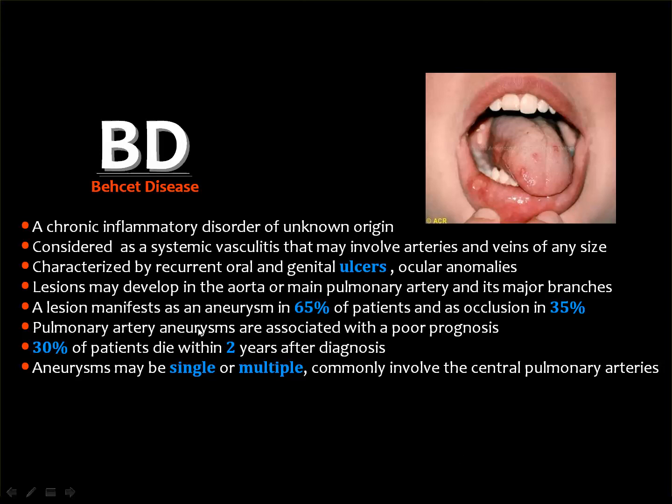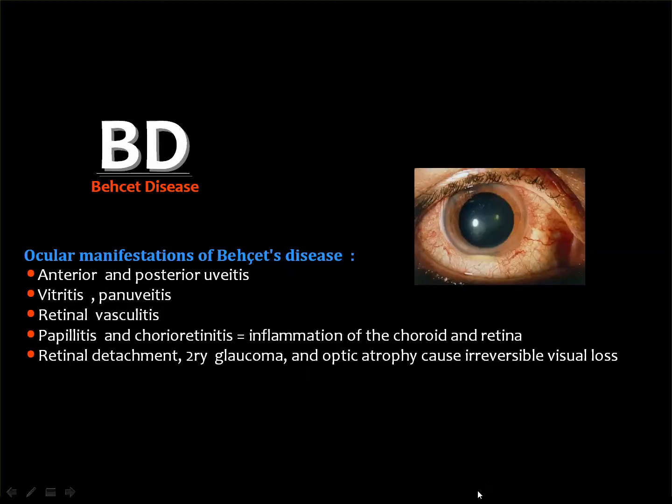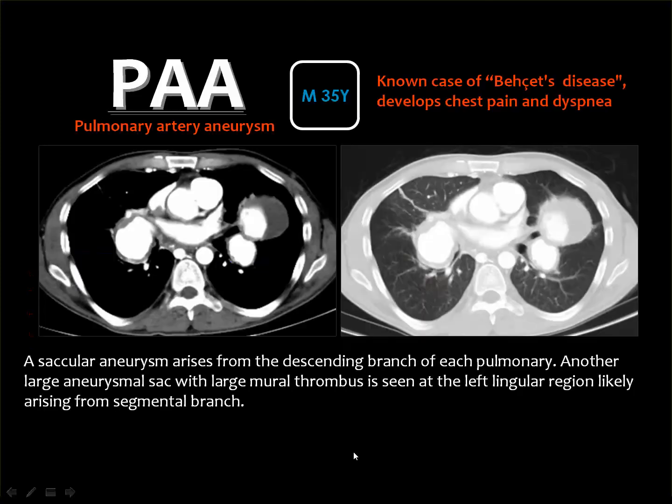Pulmonary artery aneurysms are associated with poor prognosis, and about one third of the cases may die within 2 years after the diagnosis. Aneurysms may be single or multiple and commonly affect the central pulmonary circulation. Many of the lesions occur in the eye associated with Behçet disease, and all these abnormalities may end with blindness.